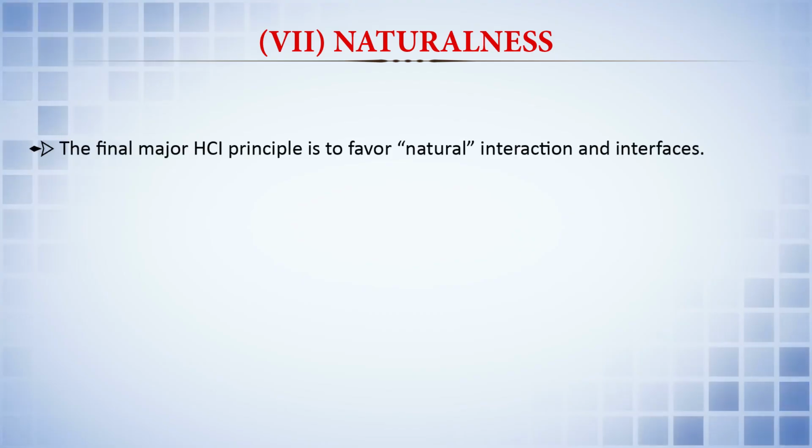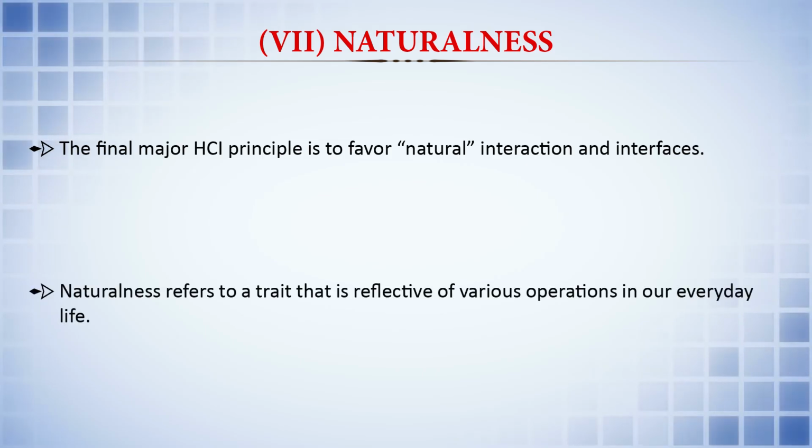The next one is naturalness. So this is the final major HCI principle, in order to favor natural interaction and natural interfaces. Naturalness refers to a trait that is reflective of various operations in our everyday life. Suppose you take the case of a simple interface, and there is a label called Enter your name.